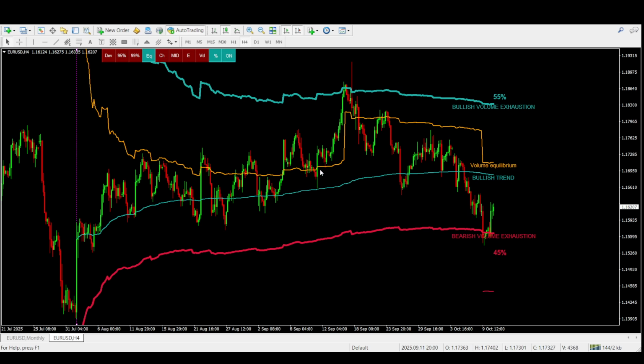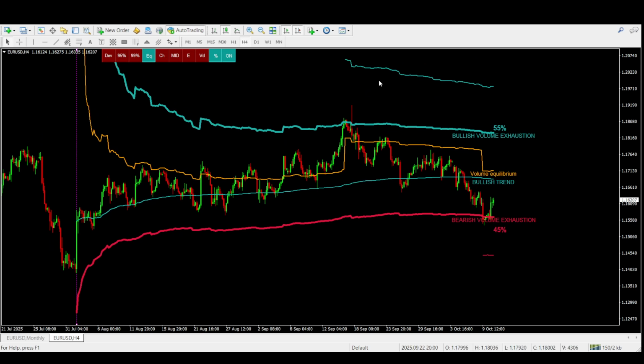You can see that upon reaching this point, the volume equilibrium line extended up, and I will tell you why. Because another bullish volume exhaustion line appeared here.